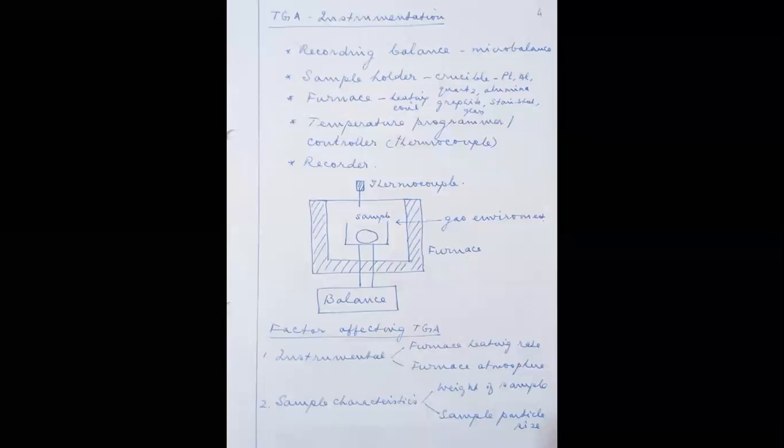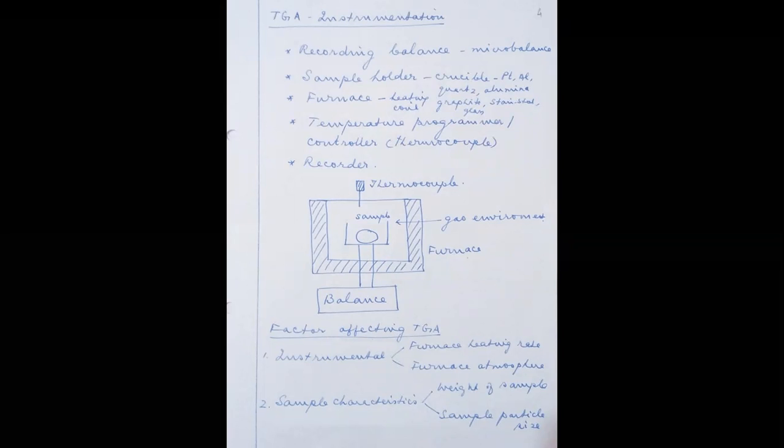And the second one is the sample particle size. Why is this particle size affecting the thermogram? The particle size mainly speaks about the surface area, because the heating process done in the thermogravimetric analysis is a surface heating process.